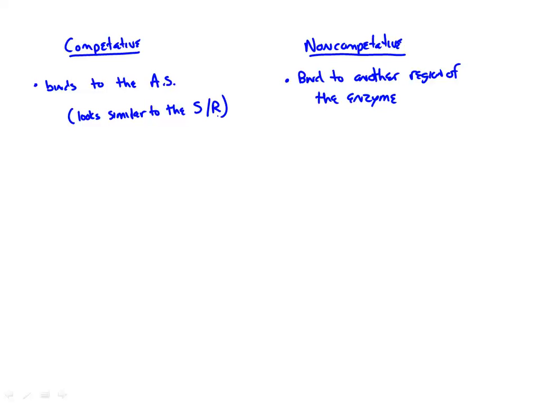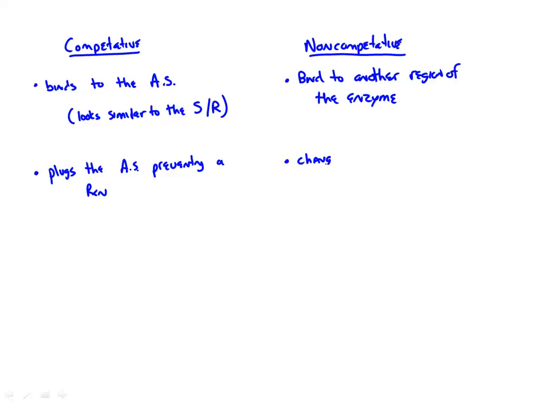And so if we can fill in the active site with something, then the active site is no longer available to catalyze the reaction. So what this does is this sort of plugs the active site, preventing a reaction.